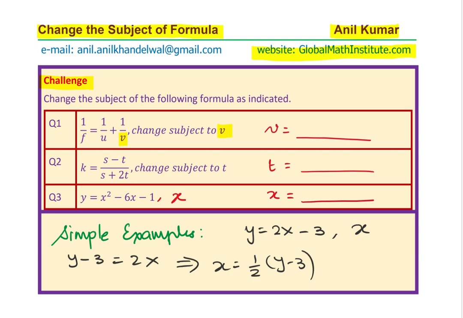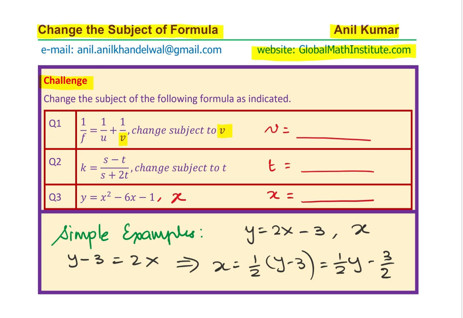So that becomes a formula in which now x is the subject. So we have basically changed the subject. You get the idea. Sometimes we may also write this as (y minus 3) over 2. Both are the same thing.